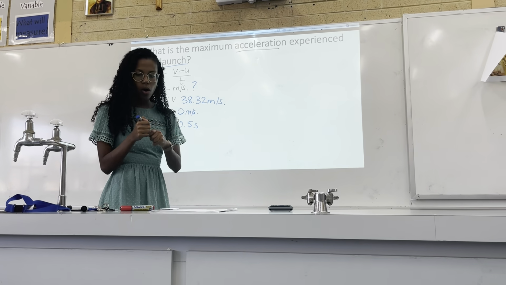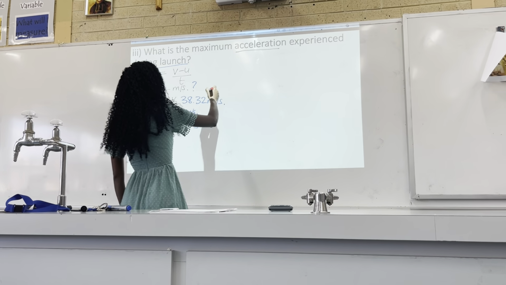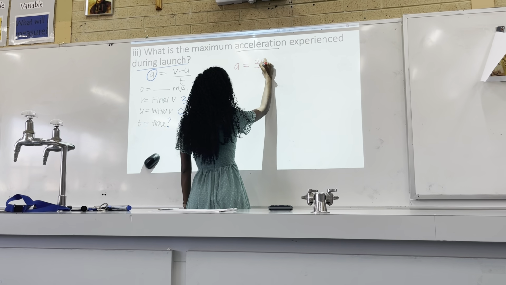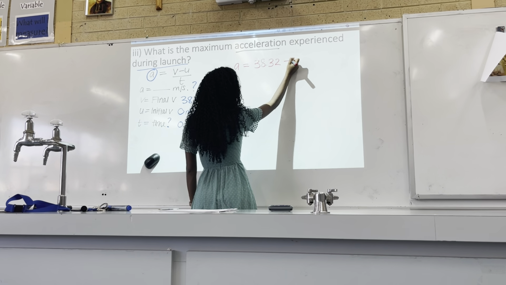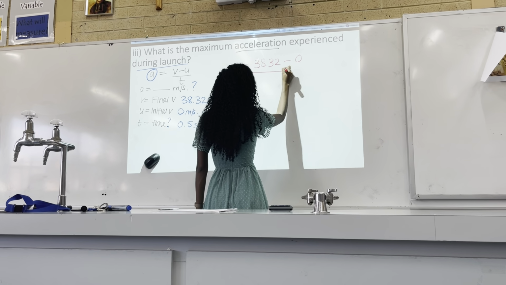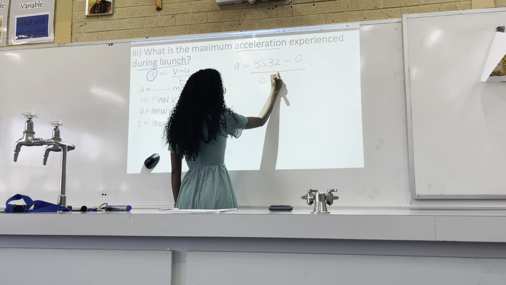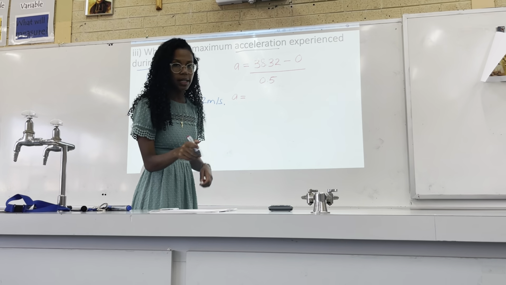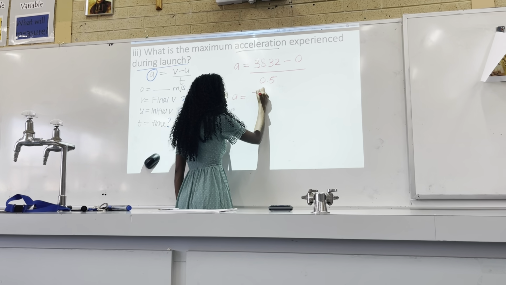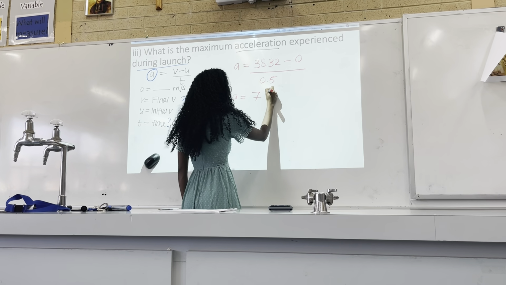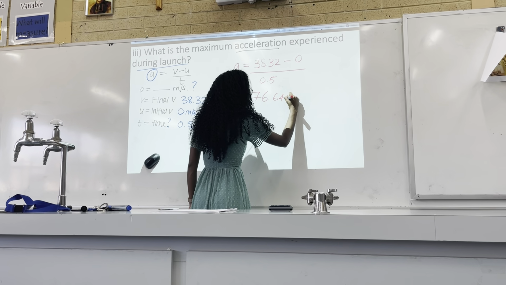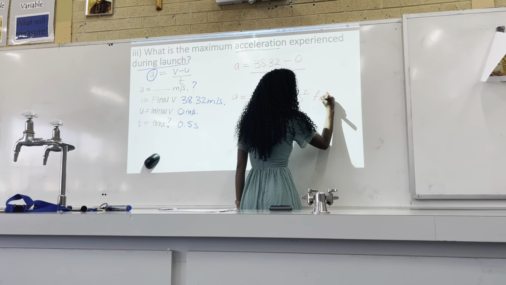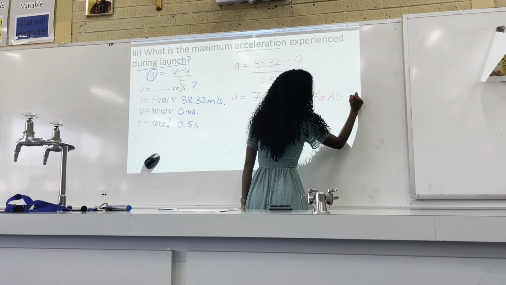So once I put that all into my equation, so there's my equation there, we're looking for A. So A is equal to V, so 38.32, take away 0, dividing it by 0.5, you will get, I've also written it down so I don't have to calculate it and waste time, 76.64 meters per second squared for a 8.3 motor.